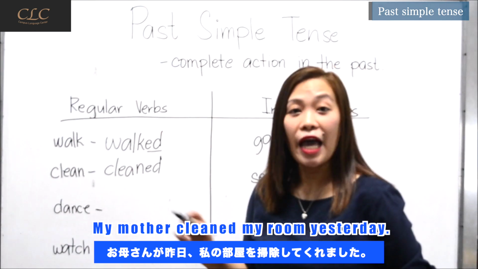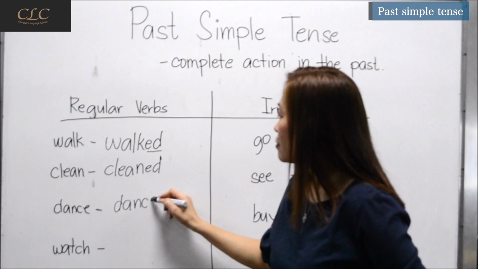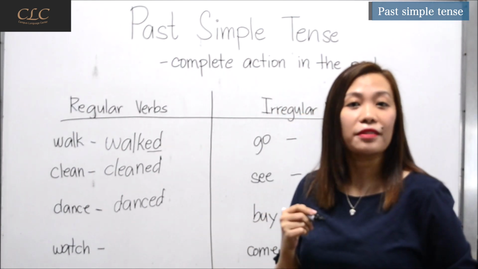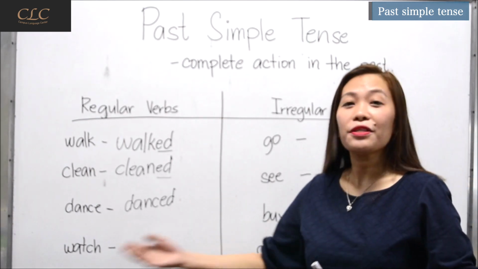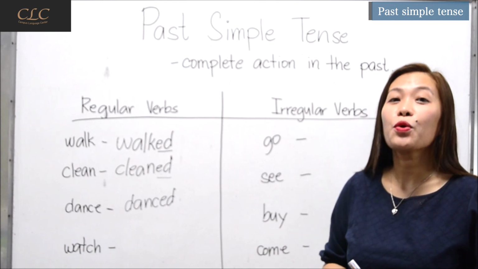Next, we have dance. In the past, it becomes danced. And for our last example, watch the base form of the verb. In the past, it becomes watched.